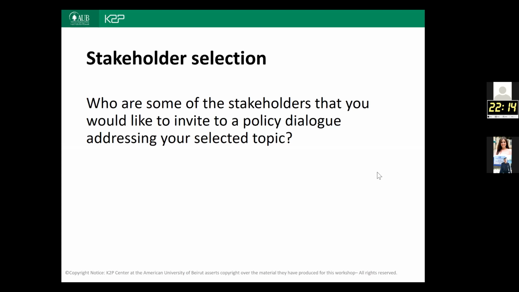Who are those that will be taking the major national decisions when it comes to stunting? So those are things that you might want to keep in mind when you're selecting the stakeholders, but definitely you would want NGOs, you would want government officials, very important.